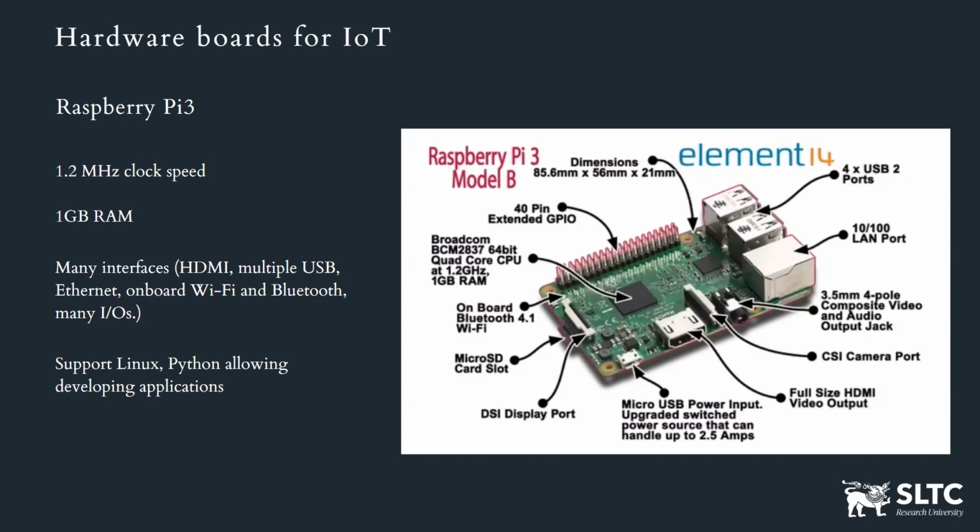It also has communication ports, like 4 USB ports, different HDMI ports, Ethernet connection, onboard Wi-Fi, Bluetooth, and many input-output pins in the board, which gives it multiple sensing and communication abilities.